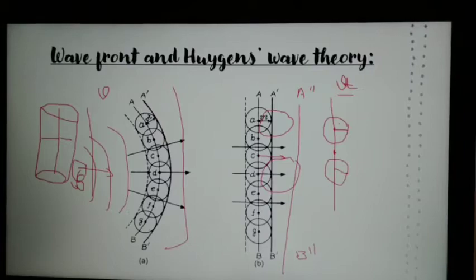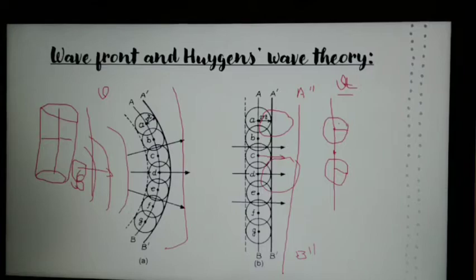First postulate is from every point on a primary wavefront, new wavelets can be generated. Those wavelets are called secondary wavelets. Secondary wavelets travel in the medium in all directions with the same speed as the original wave, and the envelope to the secondary wavelets in the forward direction at any instant gives the new wavefront at that instant.